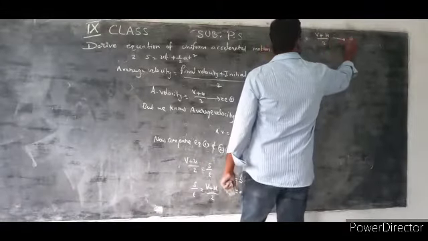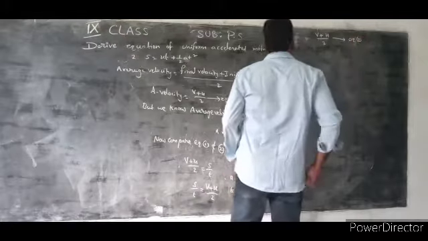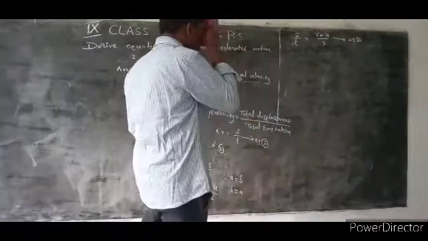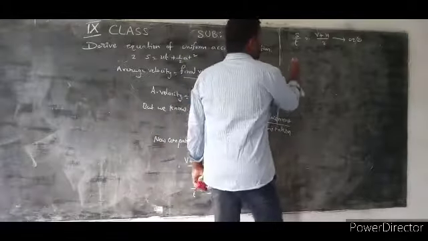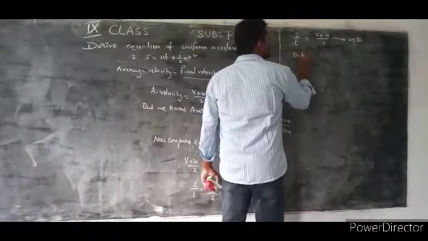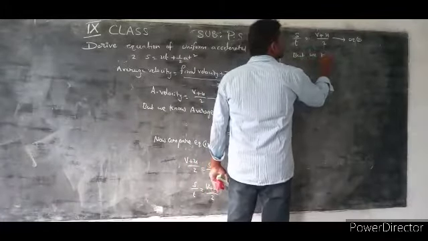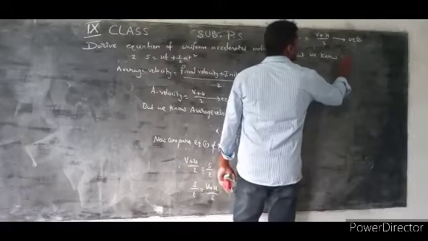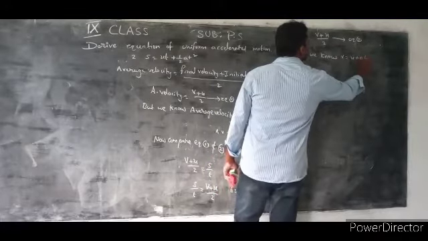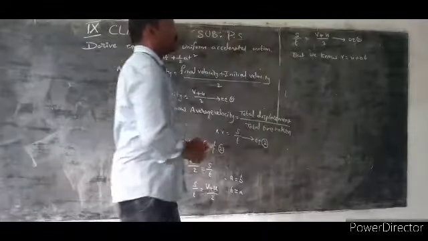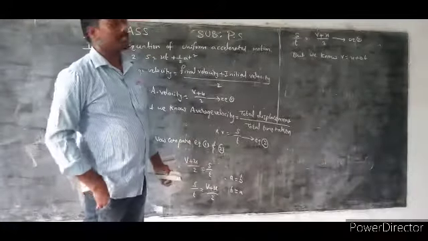This is equation 3. But we know v is equal to u plus at.